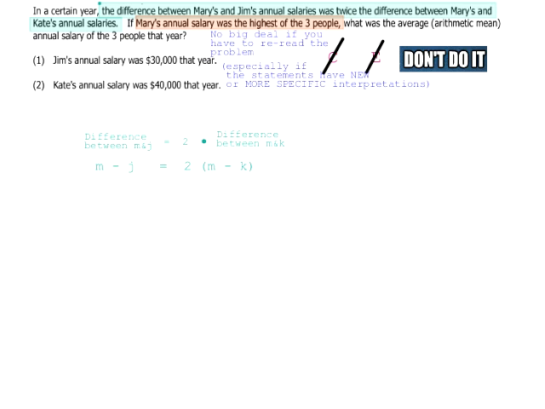Now, what is the goal of the problem? The goal of the problem is, and because it is data sufficiency, you don't really care about the over 3 part, because that's incidental.